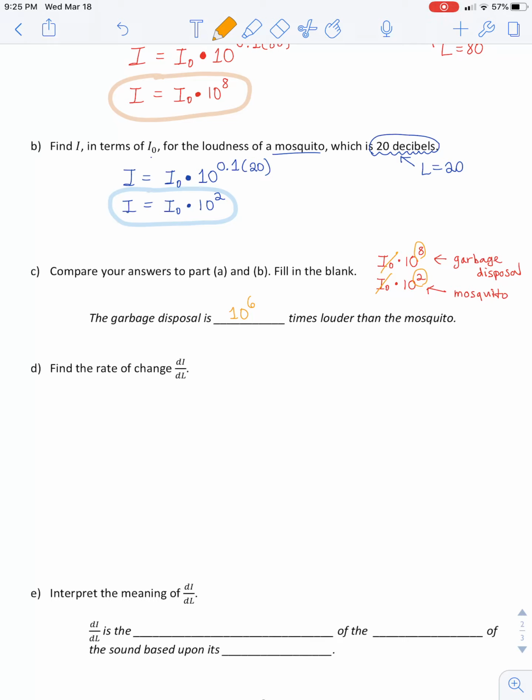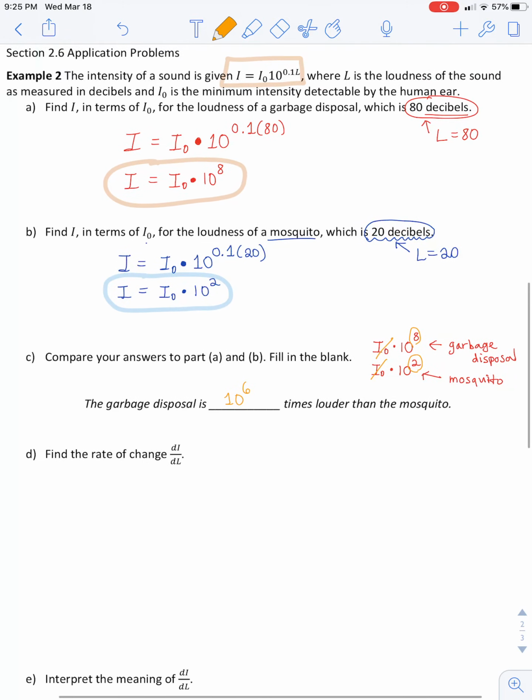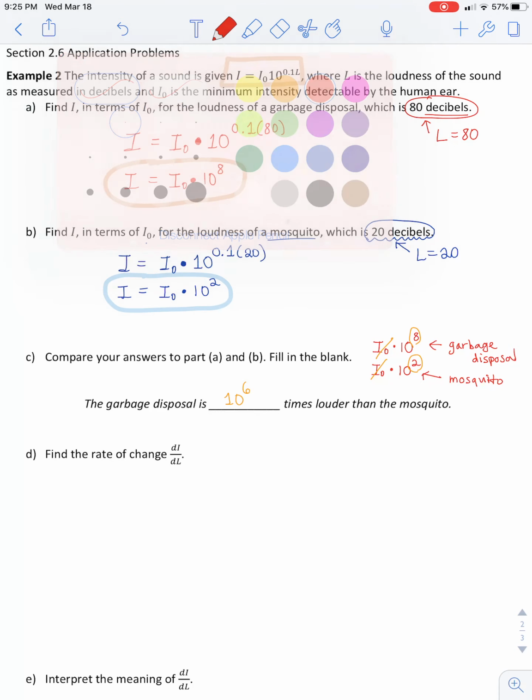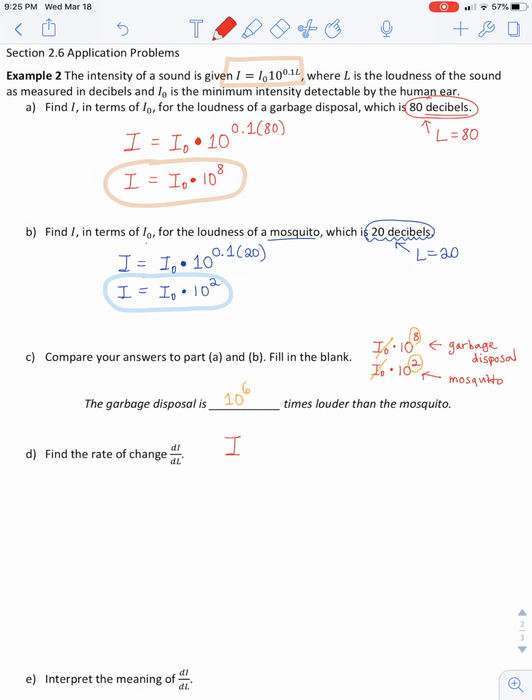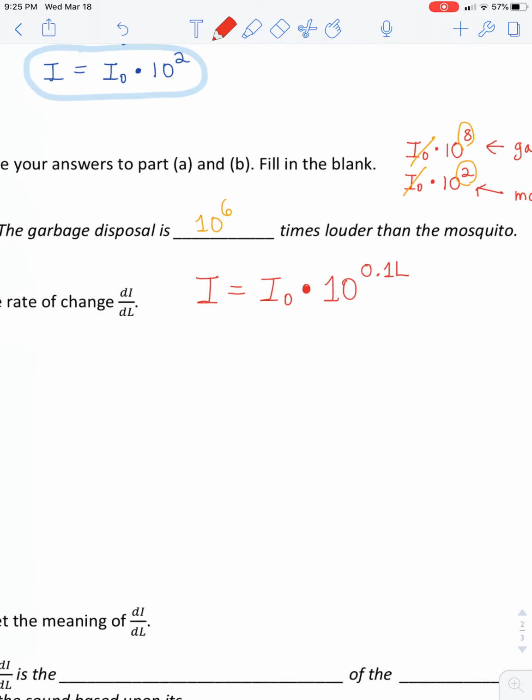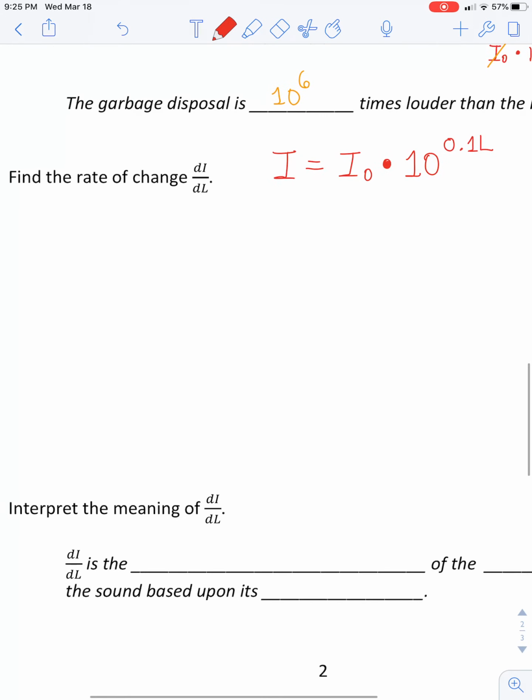All right, now let's do some calculus. They want you to find the rate of change, dI/dL. I'm going to go ahead and copy down our equation. I equals I naught times 10 raised to the 0.1 L. Okay, so what do they want? They want the derivative of this.